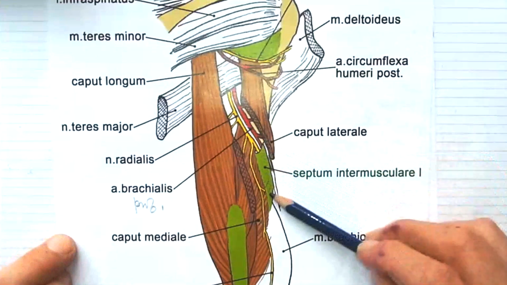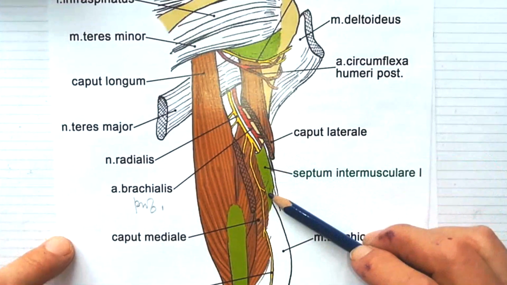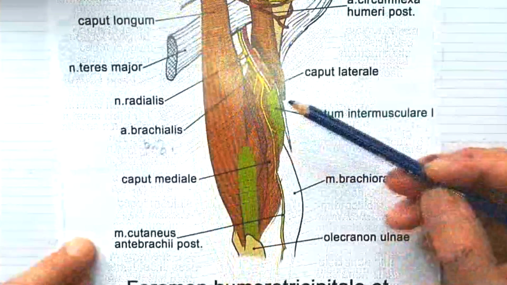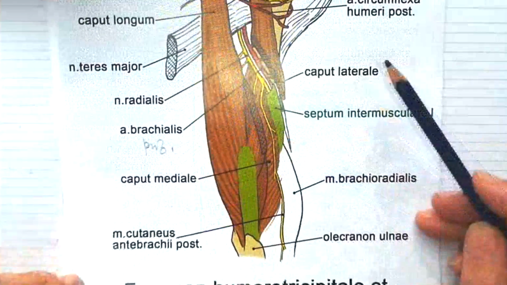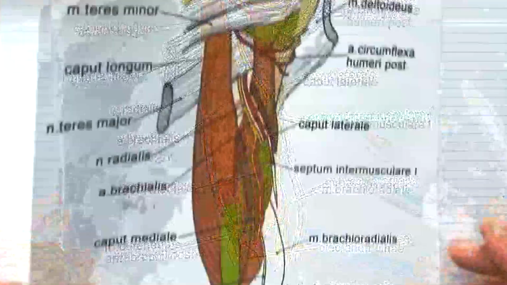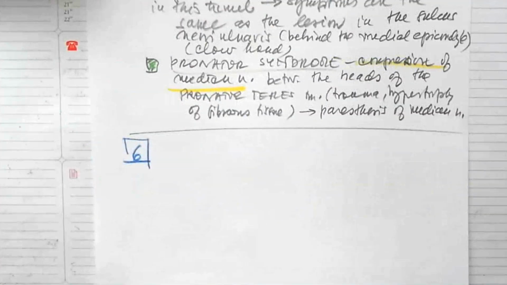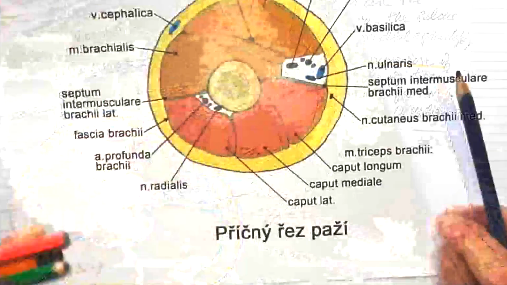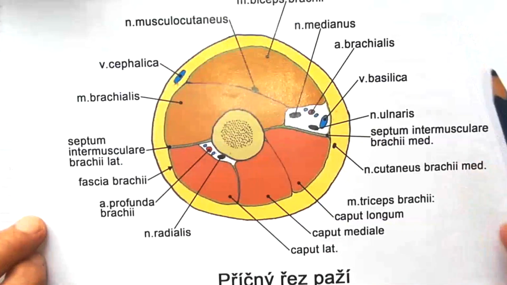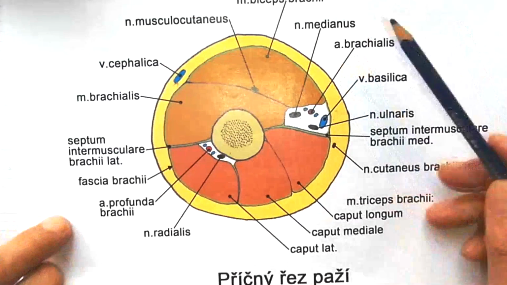Then it passes through the lateral intermuscular septum. Here it could also be compressed, but then it descends. This is the radial nerve. Here we see the posterior cutaneous antebrachial nerve. So we said that the posterior area is innervated by the branches. We already explained the region of the brachium, antebrachium.